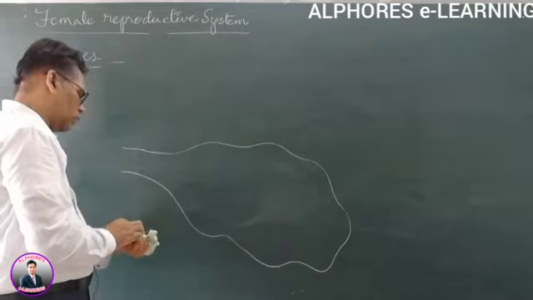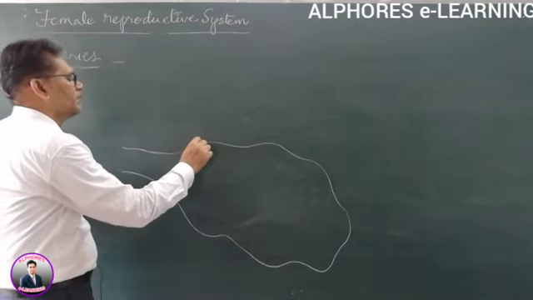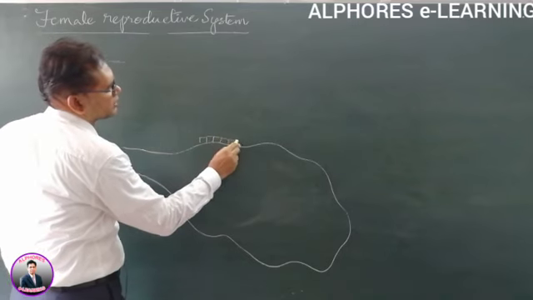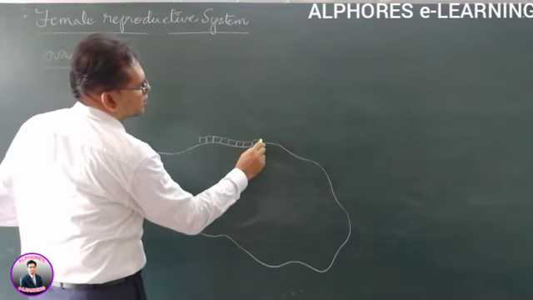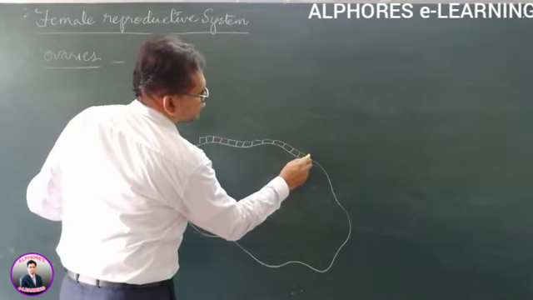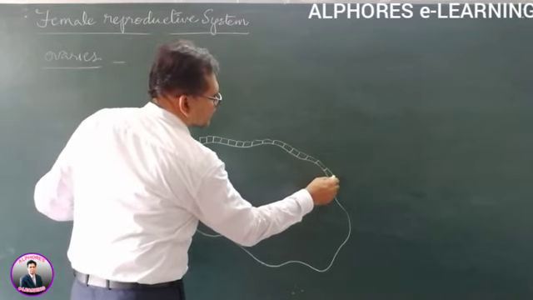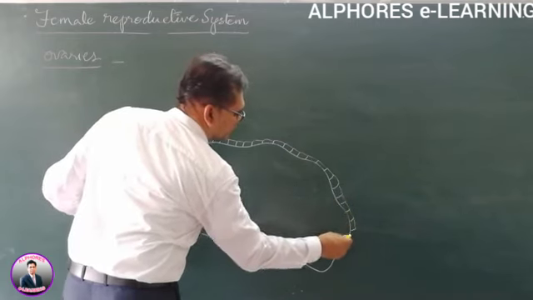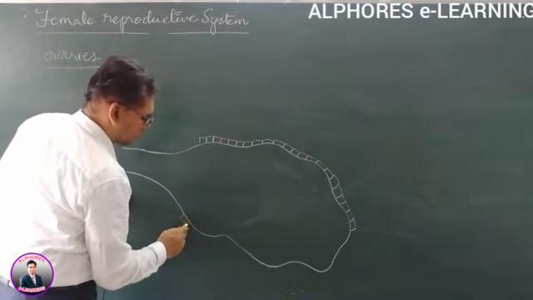Now here is the outer covering. This outer covering has cube shaped cells. What are these cube shaped cells called? These cube shaped cells are called germinal epithelium. This is the germinal epithelium which surrounds the ovary.